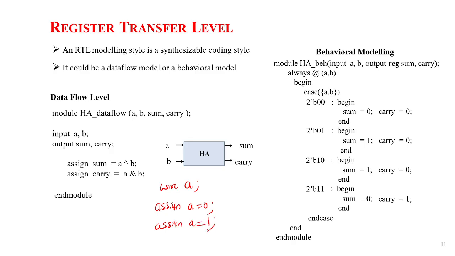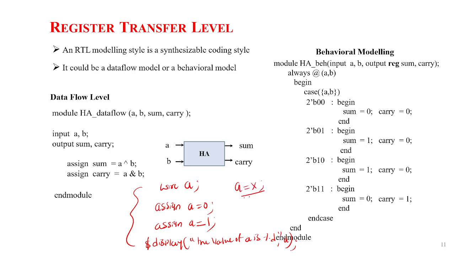If I display using the system task $display, the value of a is %d, comma a. Can you expect what is the value of a after compiling this?